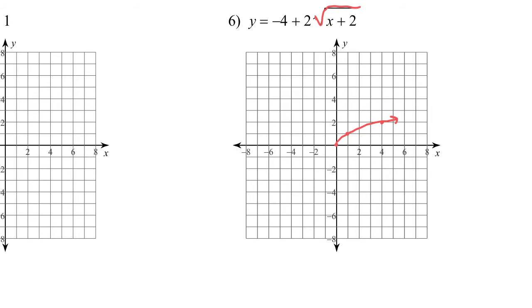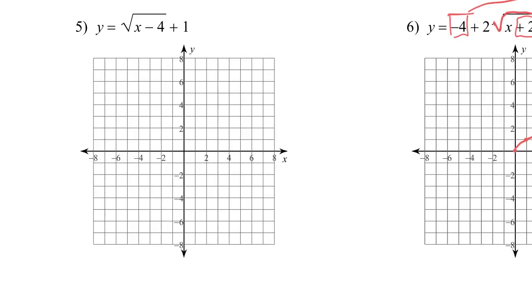So what do the rules tell us to do? The plus 2 on the inside here says shift to the left 2, and the minus 4 on the outside. You could put this minus 4 on the end. That's where you usually see it. That's where number 5 is showing up.